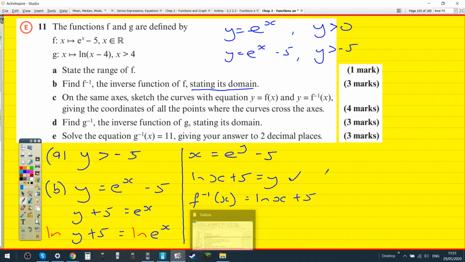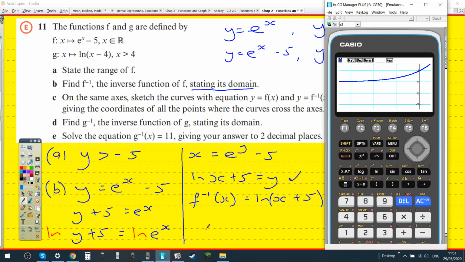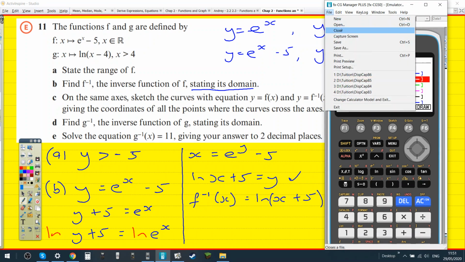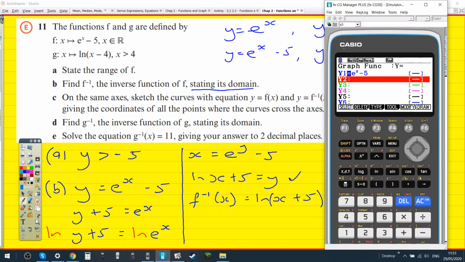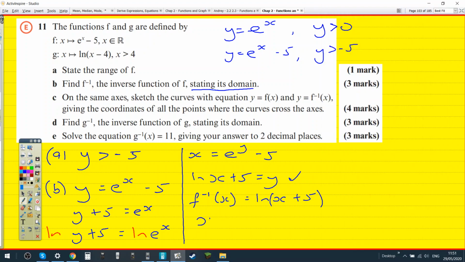So I just went to the calculator. Yeah, you would just graph it, and I think you have to make sure that it's ln in a bracket, x plus 5, like it's ln of both of those things. Okay. Ln of x plus 5, okay. So I got x is greater or equals to -5.